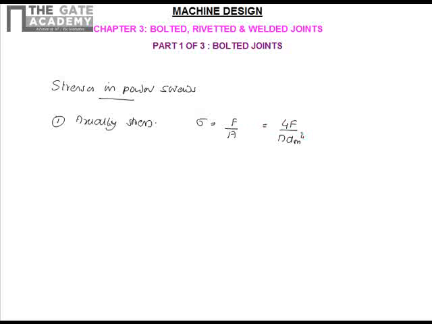Or we can take it as dr, where dr will be the minor diameter or the root diameter. So sigma is equal to 4F by pi dr square. This is the axial stress coming in the power screw.